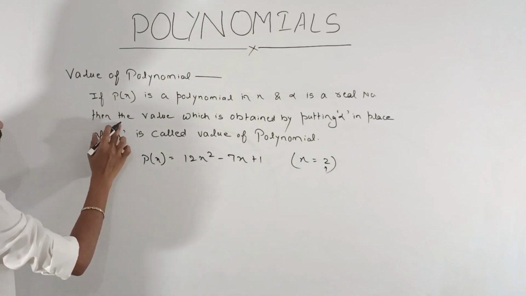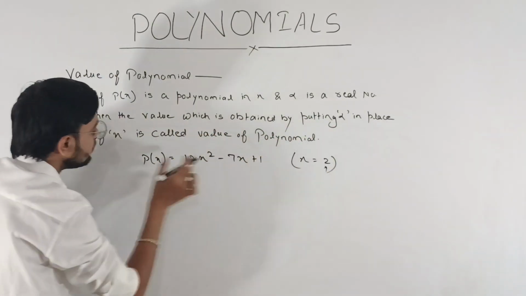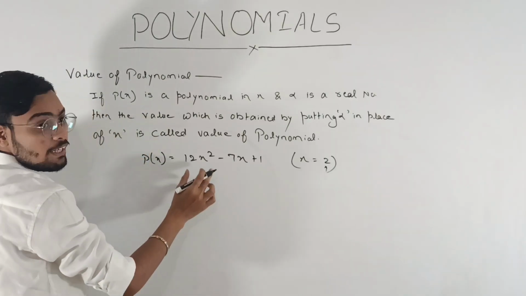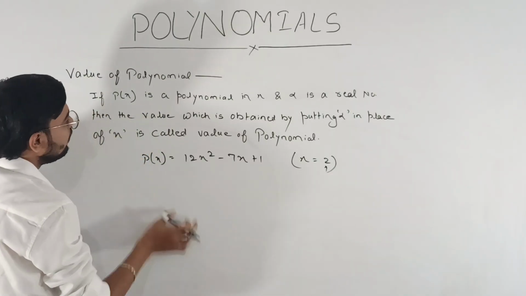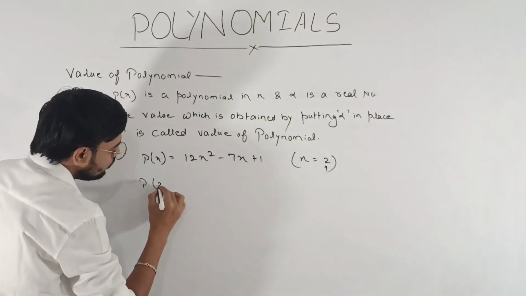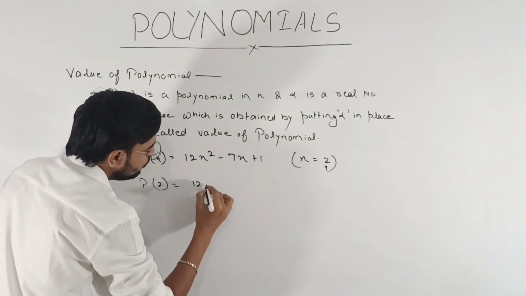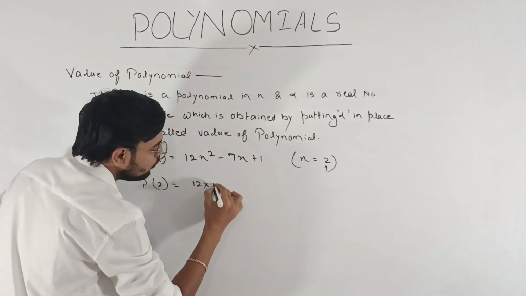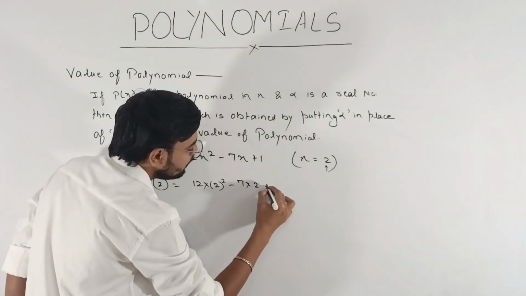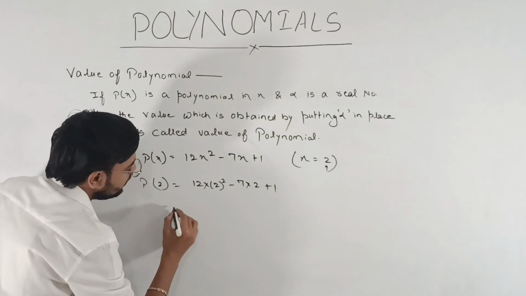Then the value obtained by putting alpha in place of x. Now put this 2 in place of x, then we get one value, and this value is called the value of the polynomial. Now look, we put x = 2: in place of x we put 2, so 12 times 2 square minus 7 times 2 plus 1.